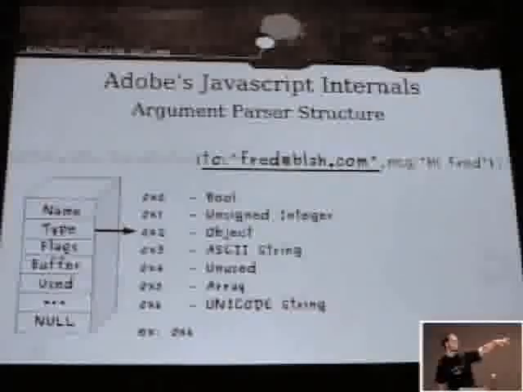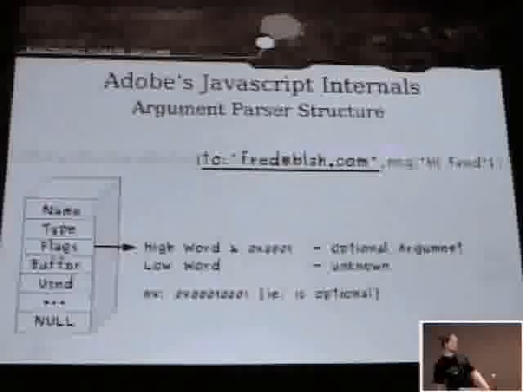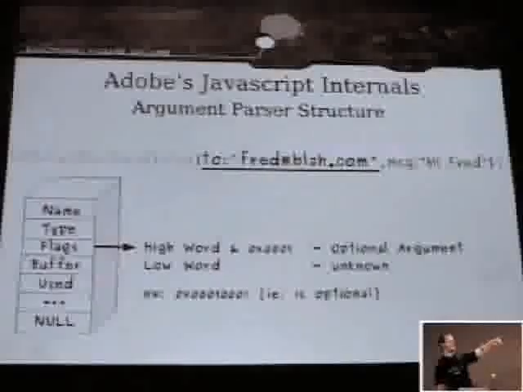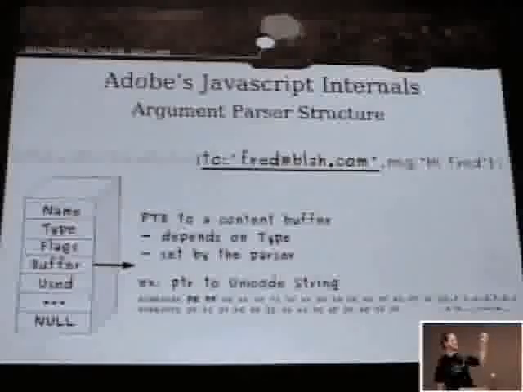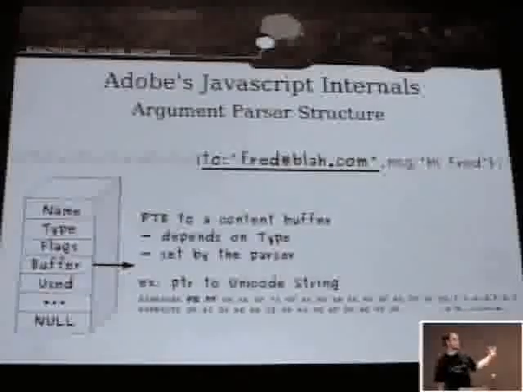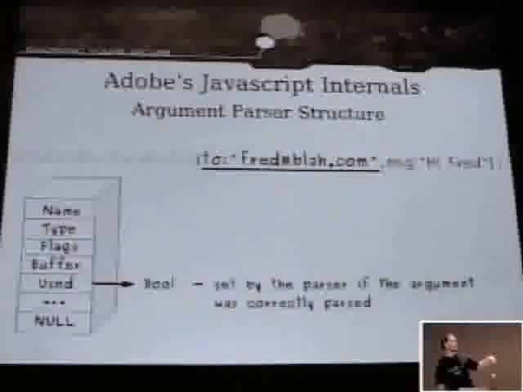In this case it is 6, which is a Unicode string. Then you have flags. In this case, this is an optional argument. And you have the buffer, which is set by the parser itself. So after the parser executes, you get the buffer that you used in the JavaScript inside your binary structure. And you have this used field, which is set by the parser if the argument was correctly parsed.